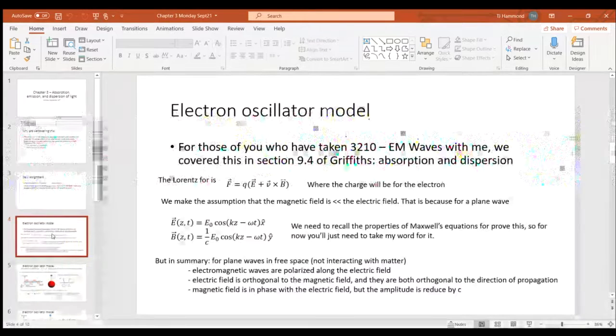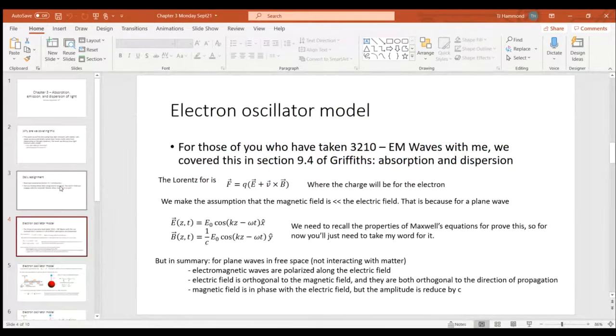So what is this electron oscillator model? For those of you who have taken 3210 electromagnetic waves with me, we covered this in section 9.4 of Griffiths when we talked about absorption and dispersion. For some reason, your textbook doesn't actually talk about Maxwell's equations, although they are extremely important when deriving this.